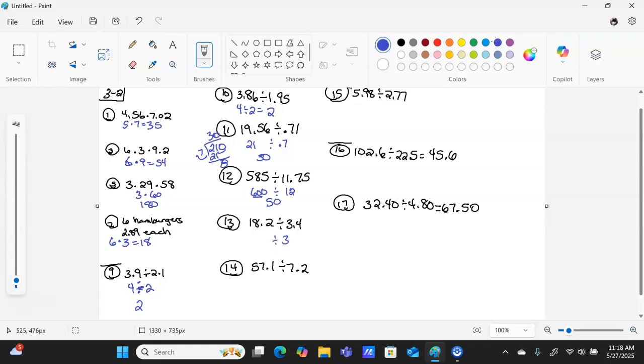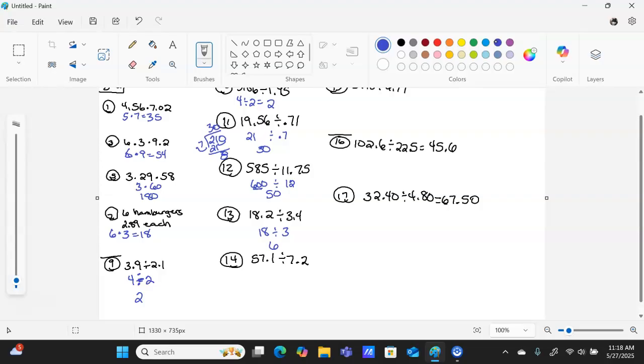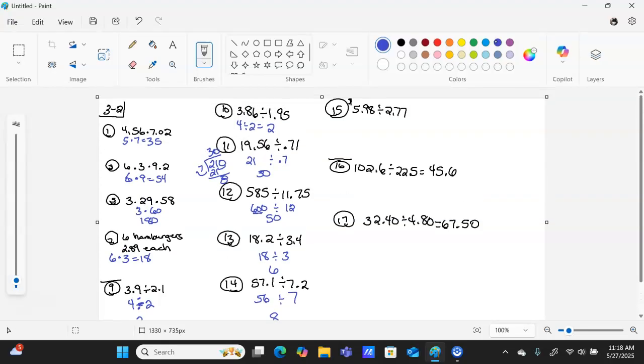So here, do that as a 3 and that as an 18, I would get 6. Here, if this is 7, I need a multiple of 7 for 57, and that would be 56. So we're going to call that close to 8.